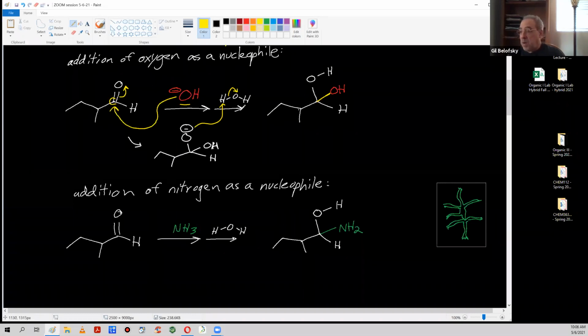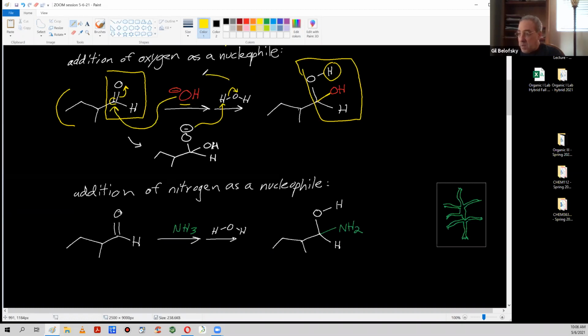That bond breaks. And so we've added that hydrogen, and the oxygen is now no longer negative. So really in the end, I don't like the word memorize, and I'll tell you why, but you can memorize the net reaction if you recognize the aldehyde here and recognize that it is ending up like this if you're subjecting it to these conditions.